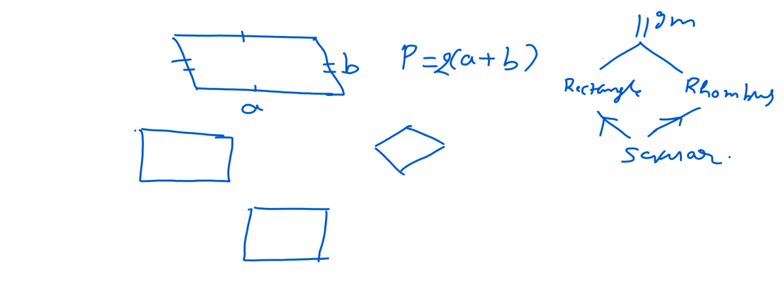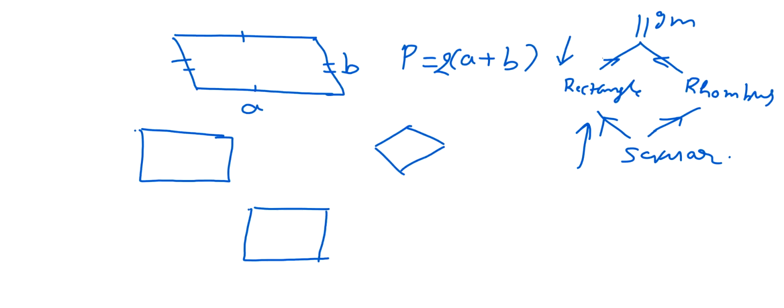A rectangle is a parallelogram also. A square is a rectangle, rhombus and parallelogram, all things. When we go from down to up, it follows all properties. But when coming from up to down, it won't follow all properties.